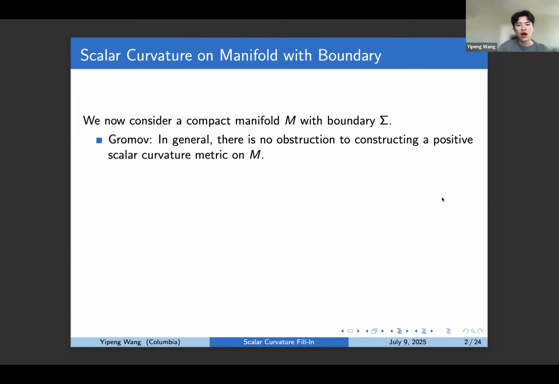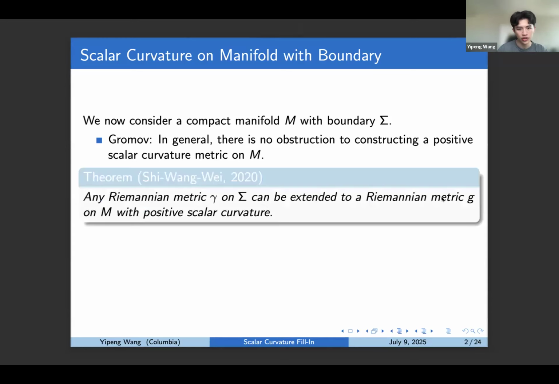Moreover, not only can you state such a result about a Riemannian metric on a manifold with boundary, you can also say something about the induced metric on the boundary. This is due to Wang and Wei. In 2020, they proved that if you have a compact manifold M with boundary and fix any Riemannian metric on the boundary Sigma, then this metric can always be extended to a Riemannian metric inside that has positive scalar curvature.